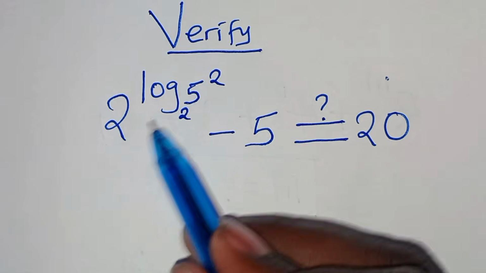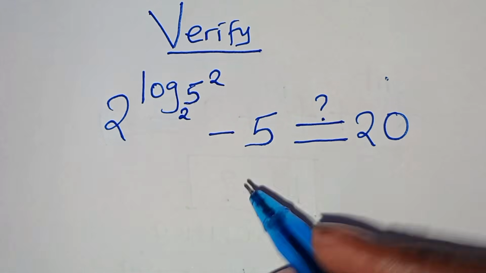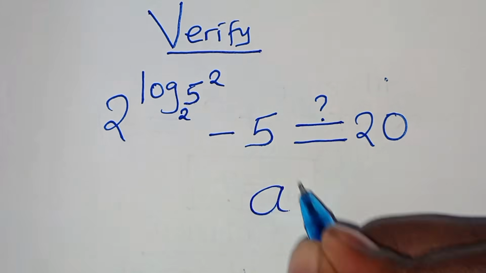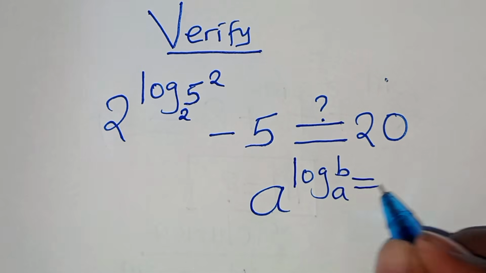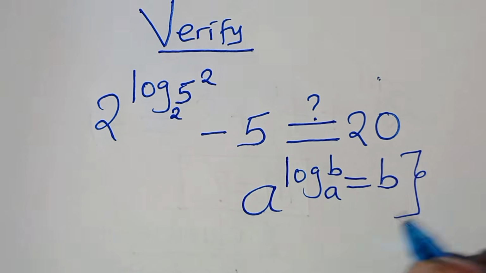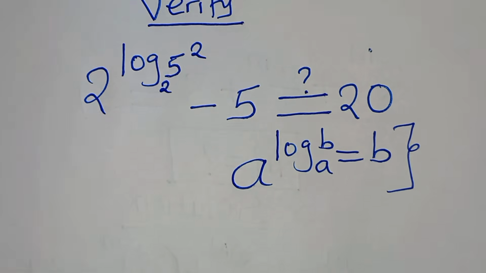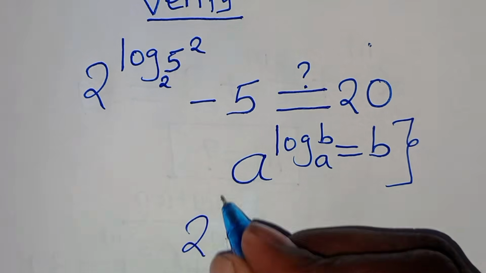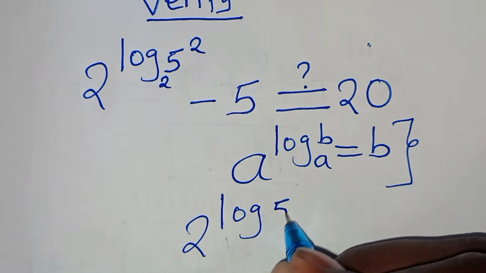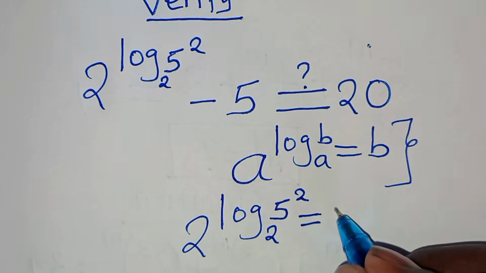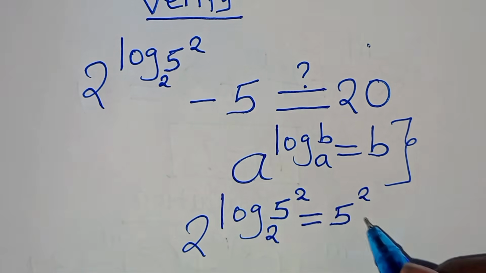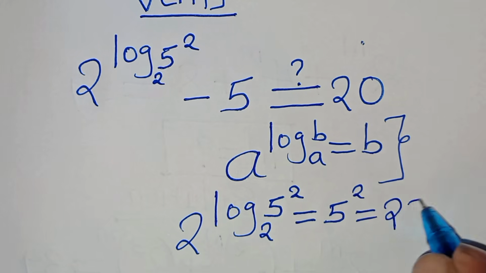Now we have that 2 to the power of log 5 squared to base 2 is in the form of a to the power of log b to base a, and this should give us a value of b. So 2 raised to the power of log 5 squared to base 2 should give us a value of 5 squared, and this is equal to 25.